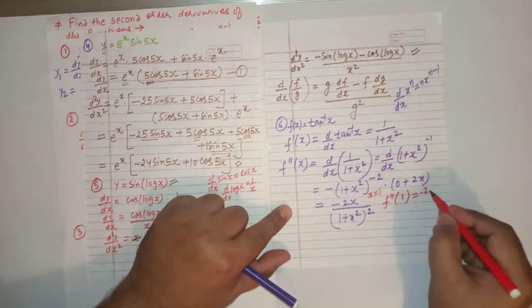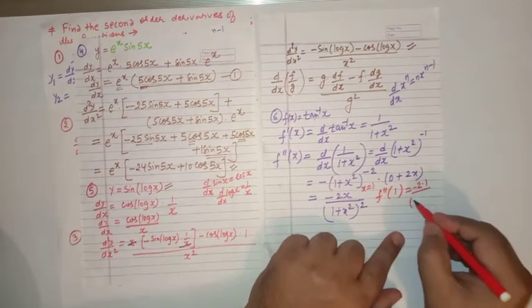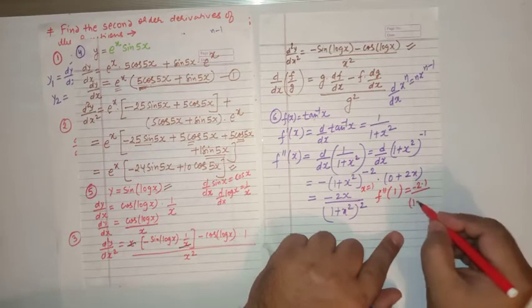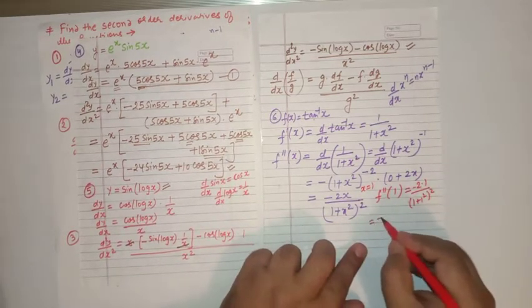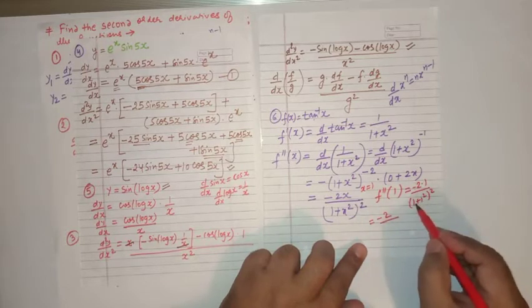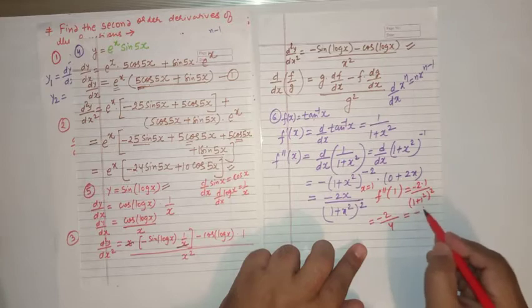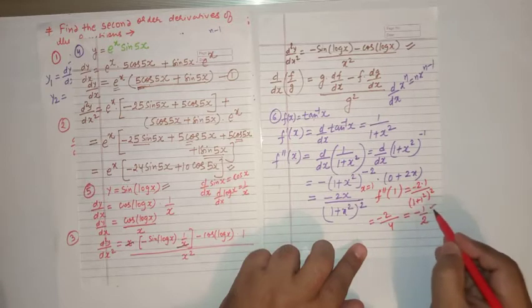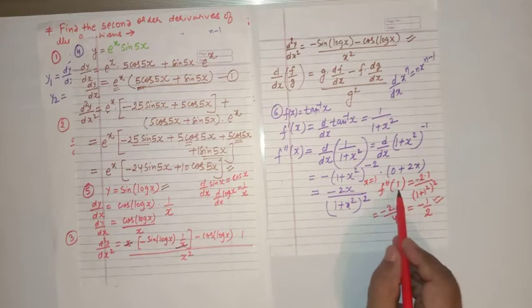So this is minus 2 times 1, and here we have (1 plus 1 square) whole square, and this is minus 2, and this is 1 plus 1 is 2, so 2 square is 4, so here this is minus 1 upon 2. So this is the value of f double prime of 1.